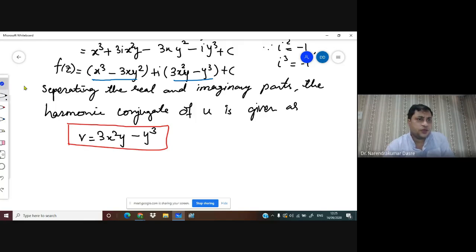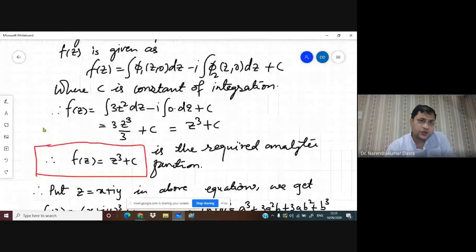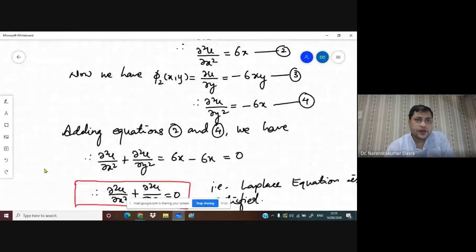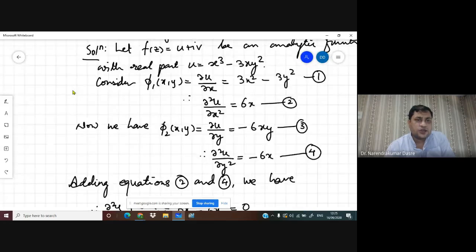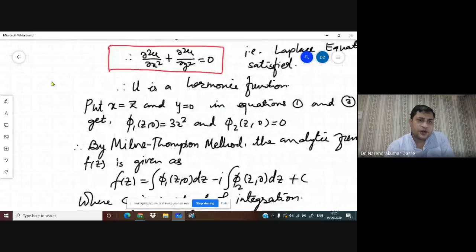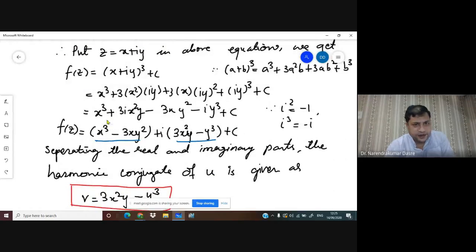The question is how we will be sure that this is the correct answer. What you have to do is always compare with the given thing. What was given to you? The given is u, which is x cube minus 3xy square. That was the real part. If you are able to get the real part properly, that means this answer is correct.